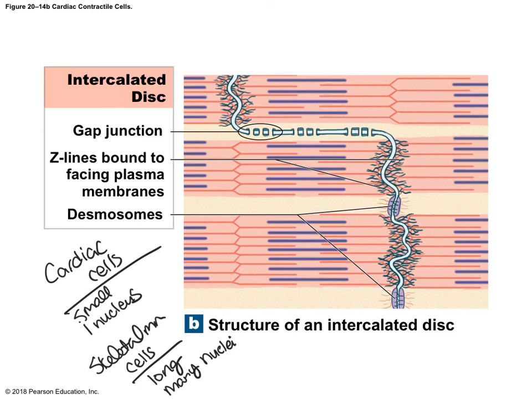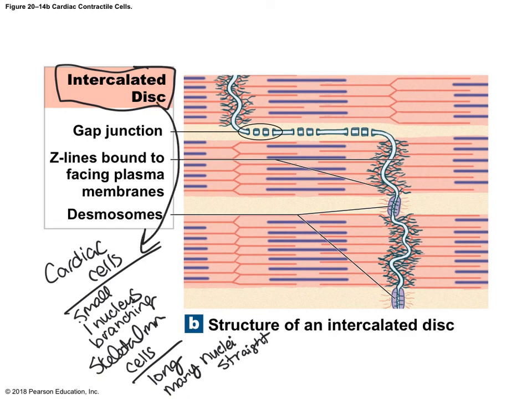And then the other thing is that the cardiac muscle cells are branching, whereas the skeletal muscle is straight. Skeletal muscle cells are straight. And then lastly, the cardiac muscle cells have what are called intercalated discs. And so skeletal muscles don't have intercalated discs.